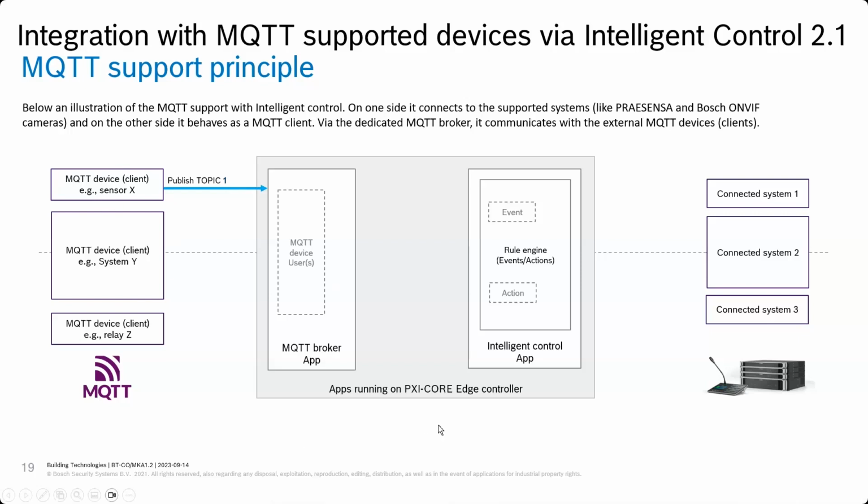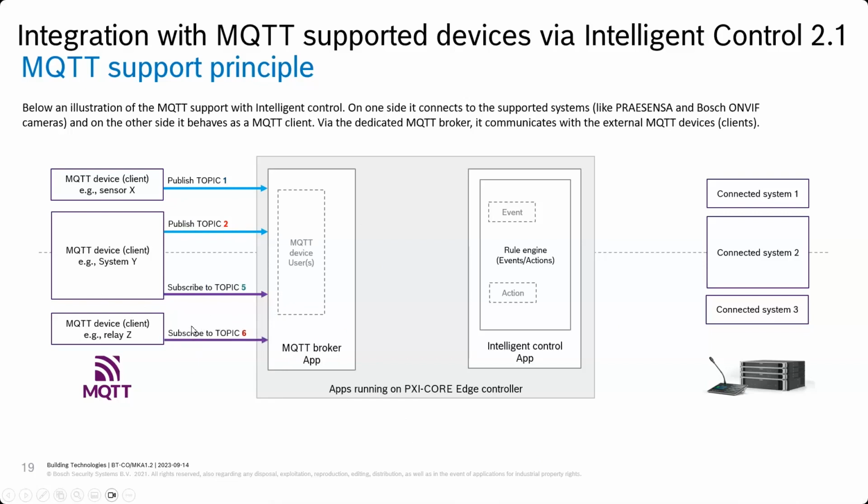This is the PXI-Core with the intelligent control app and the broker running on that mini machine, and you publish a topic. Another system could also publish a topic to that broker, and it can also subscribe to a topic so that it gets an update. So it can publish something on a topic, and it can subscribe to events it wants to receive updates from.